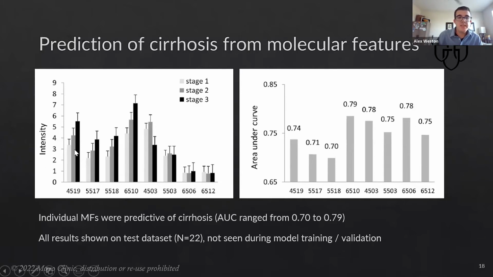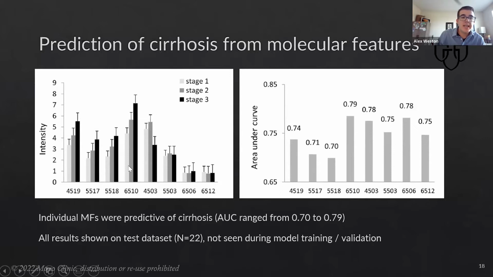And we used these to try to predict on our test data set whether or not someone was cirrhotic or a healthy control. And so the maximum or the fold intensity difference between our cirrhosis patients and our healthy controls is shown in the plot on the left.